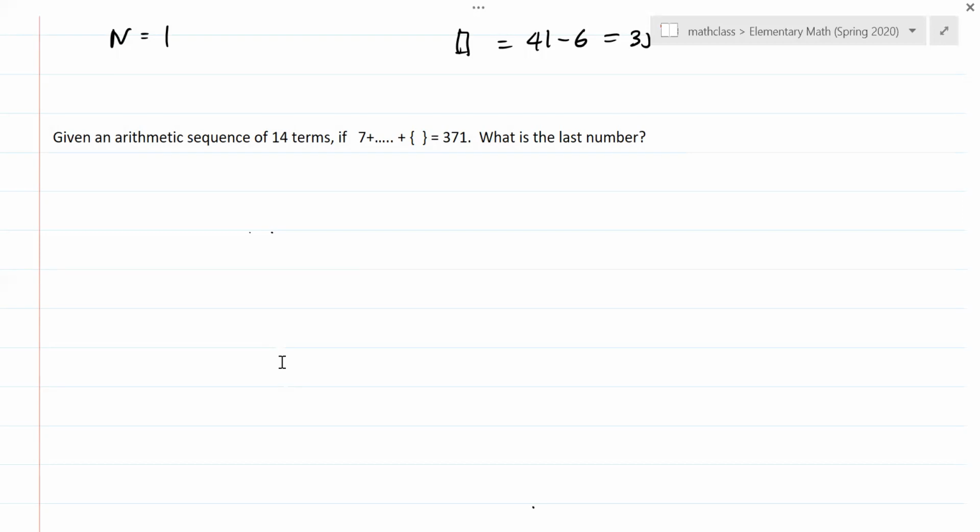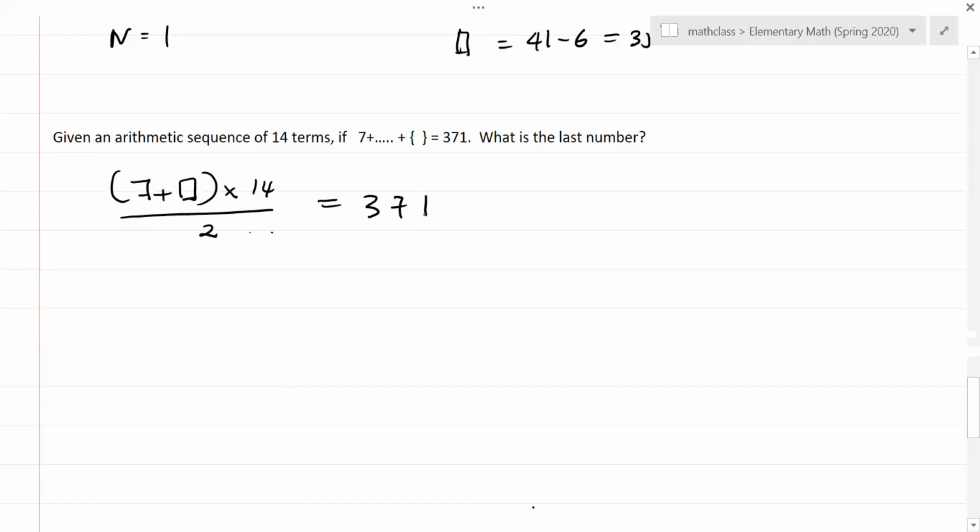We don't know how many the numbers increase each time, but according to the formula, 7 plus the last number, multiplied by 14, divided by 2, is going to be 371. Can you figure out that number in the middle?